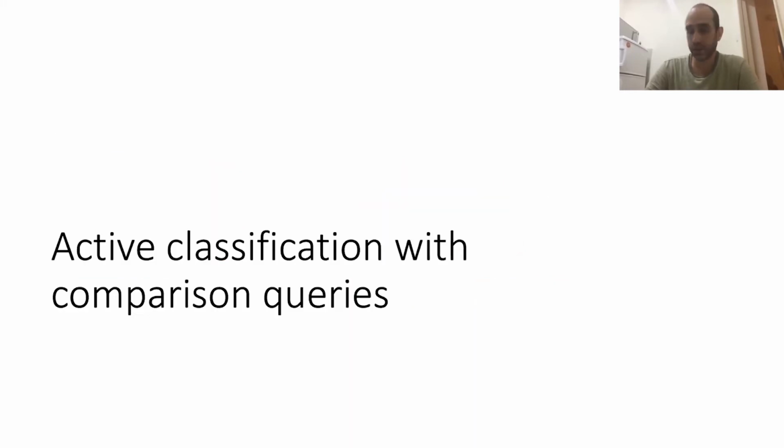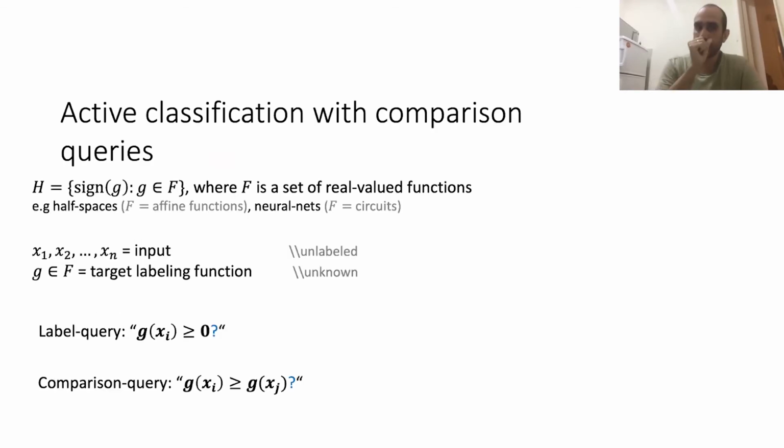Let me now present the formal setting. We assume that the target labeling function is of the following form. There is some underlying class F of real valued functions, and we will just think about half-spaces.